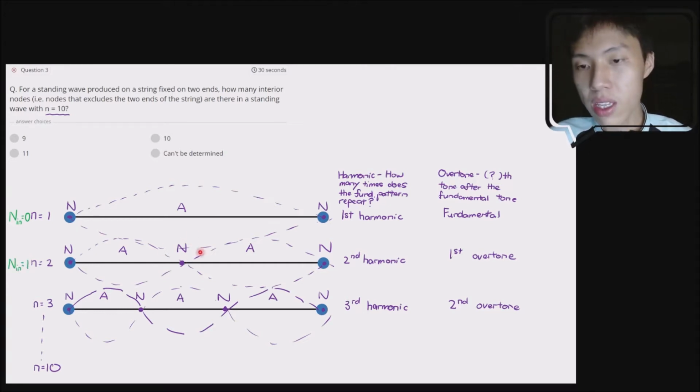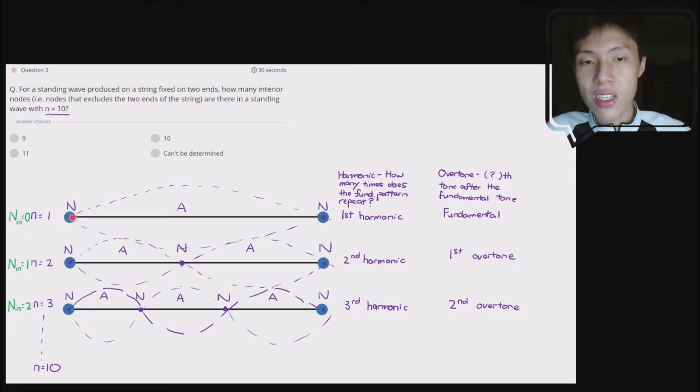There's only one interior node over here. Next, n equals 3: the number of nodes in between the two ends of the string is 2. So the interior nodes is 2. It's a symbol I created. We never really give a symbol for interior nodes, but I will call it big N with subscript in, to mean interior.